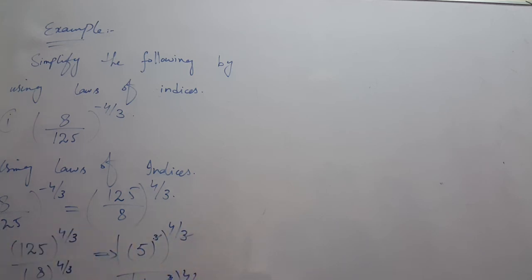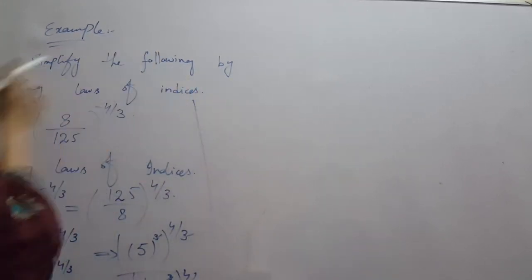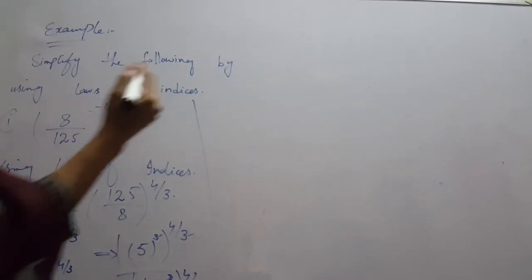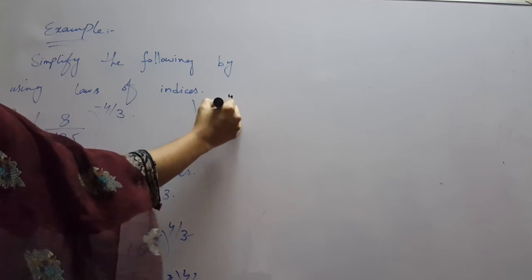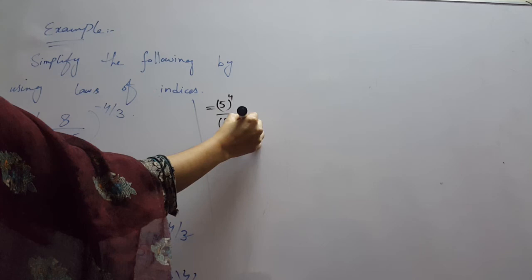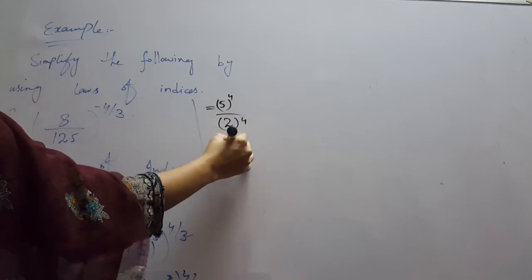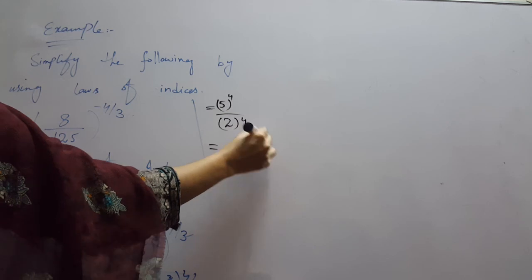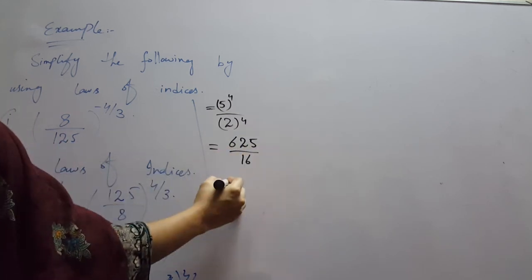So this power will be cancelled and it will be equal to 5 whole power 4 and 2 raised to power 4, which is 625 and 2 raised to power 4 is 16, and this is the answer.